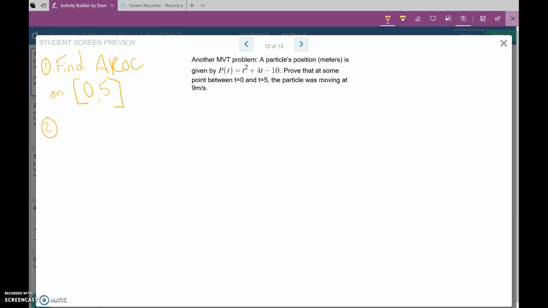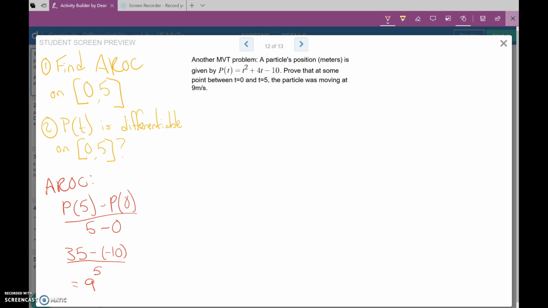Then I want you to explain how we know P of t is differentiable on 0, 5. And then we'll apply the mean value theorem. Take a second to figure out the average rate of change. I'm going to pause it and you can pause it too.